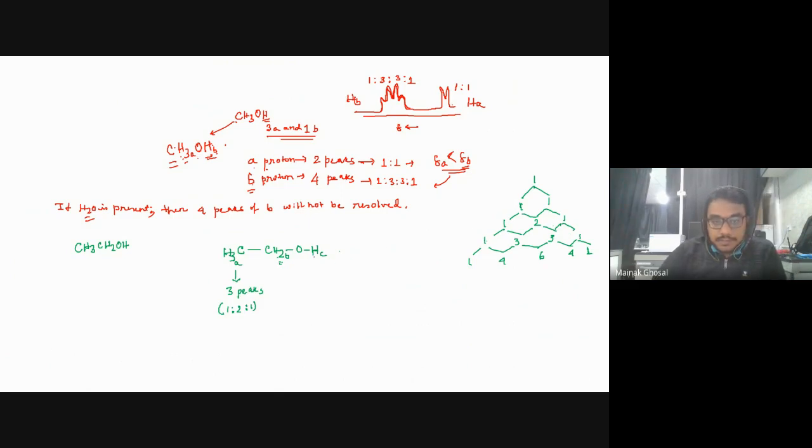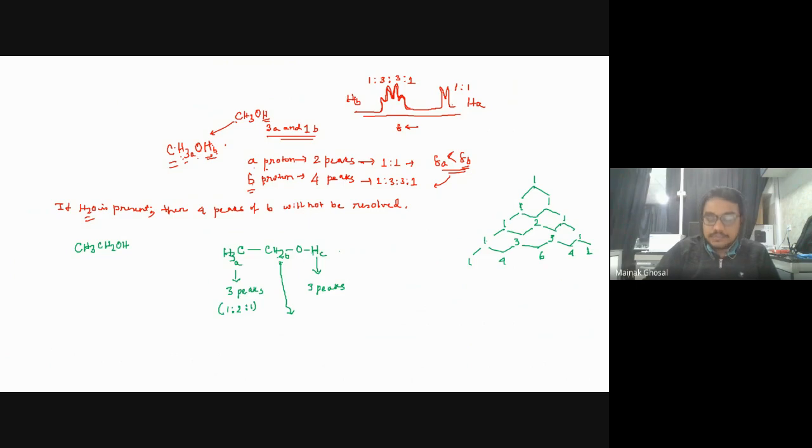Now I am going to HC. How should be the fate of HC? HC will be, there is two protons here, so it will be also 3 peaks. But if you are coming to this CH2, there are three protons on the left, one proton on the right, so there will be four protons.